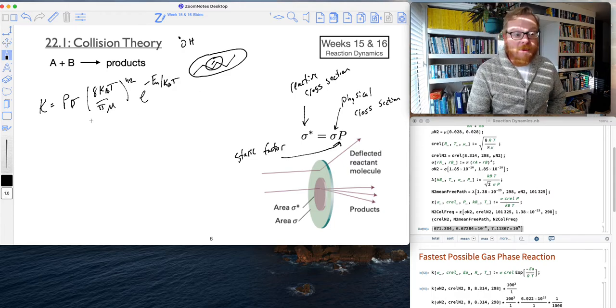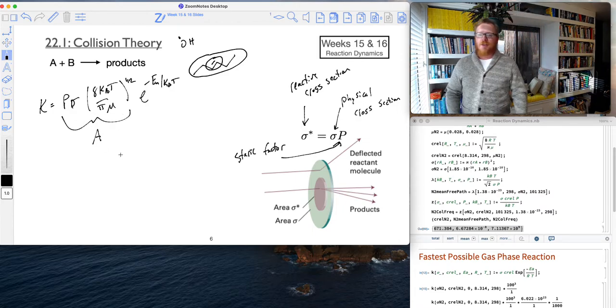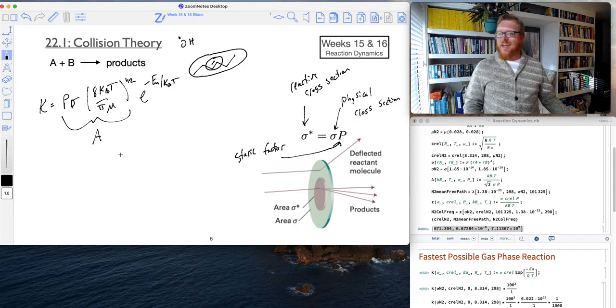This is our Arrhenius frequency factor, that A term that we talked about.